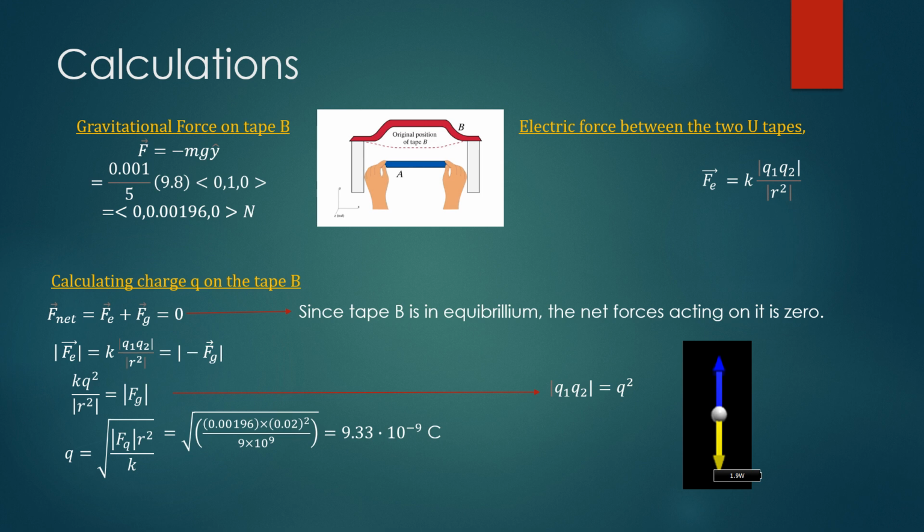We set the magnitudes equal to each other and continue. Note that in our assumptions, we assumed both charges to be equal in tape A and B. Therefore, we can just say that the magnitude of Q1 times Q2 is equal to Q squared. And then we calculate Q by rearranging the variables.